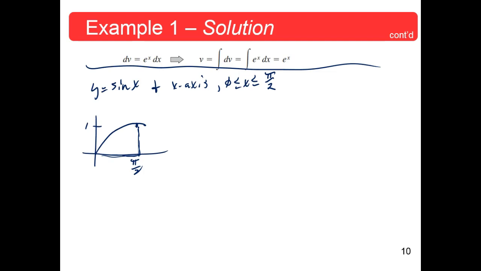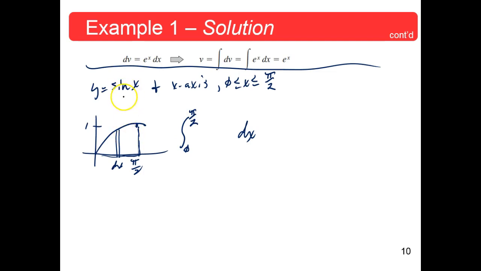Now, the first thing they said is find the area of the region. Well, what I would do is put this into dx's, right? And the area of the region, what would that be? 0 to pi halves, perfect. Because that's what your x is going from and to.